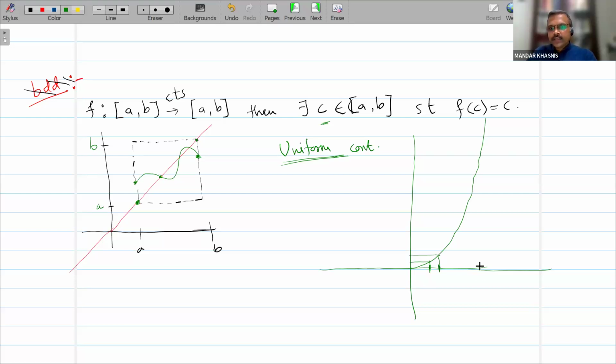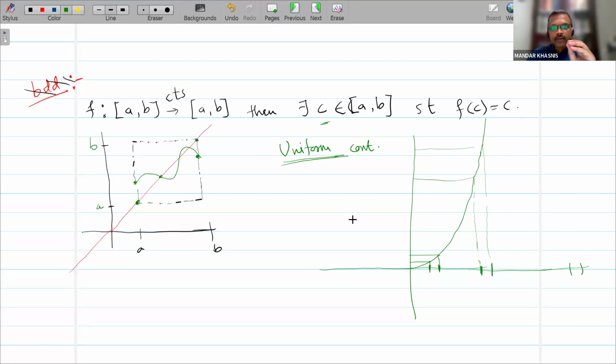But if I take these 2 points, almost the same distance from each other, but away from 0, then you see the distance between their images has increased. And as we keep going ahead, although those 2 points are within the same distance, the distance between their images will be much higher.